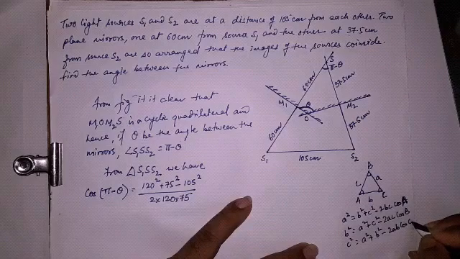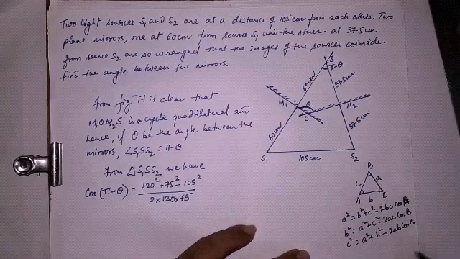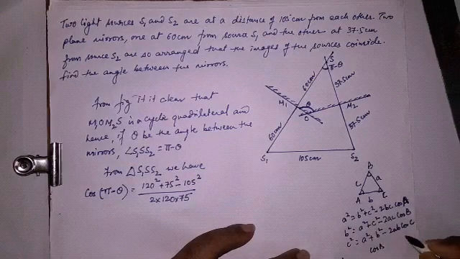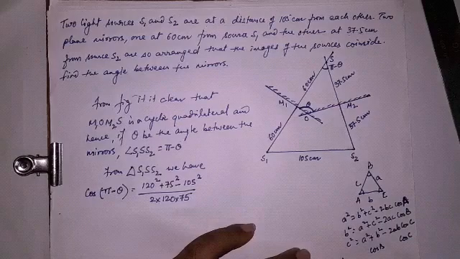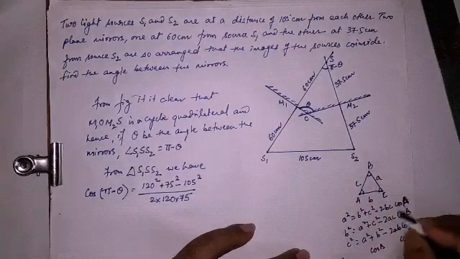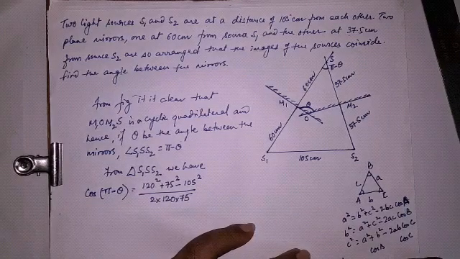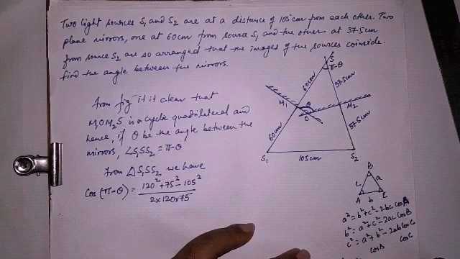So from here what we can find out is cos of A, cos of B and cos of C. So cos of A will be equal to b square plus c square minus a square divided by 2bc.